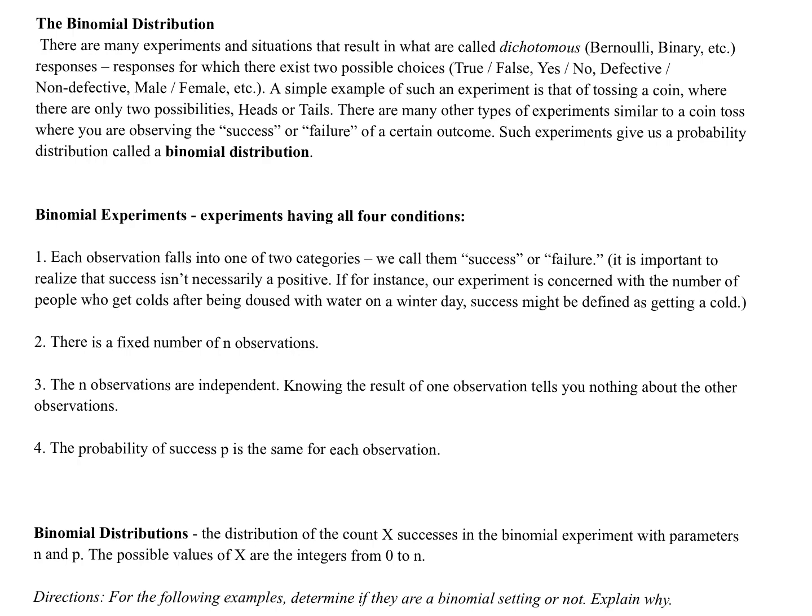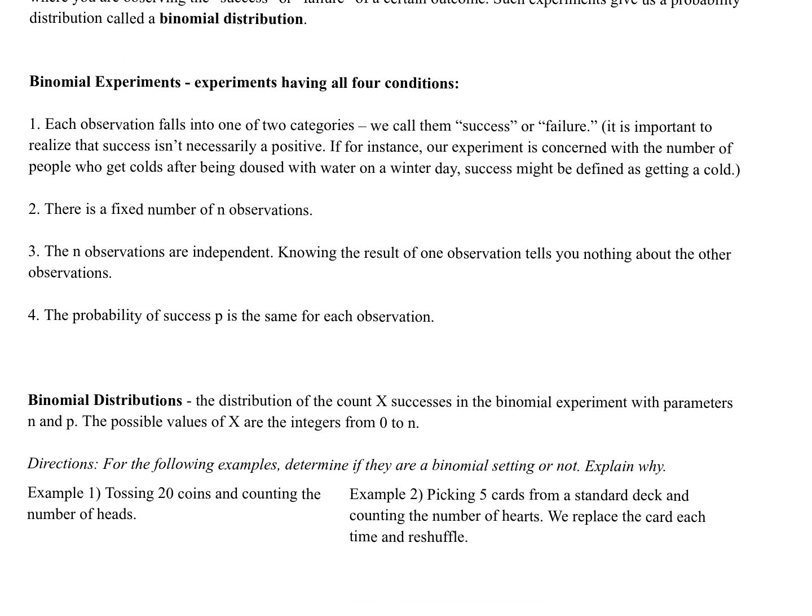Now 3 and 4 are really going to go together, because if the observations are not independent, typically the probability of success does not remain the same. The ones we're most often going to run into that are not a binomial experiment are going to be with 1 or 2, which is why we go in that order.